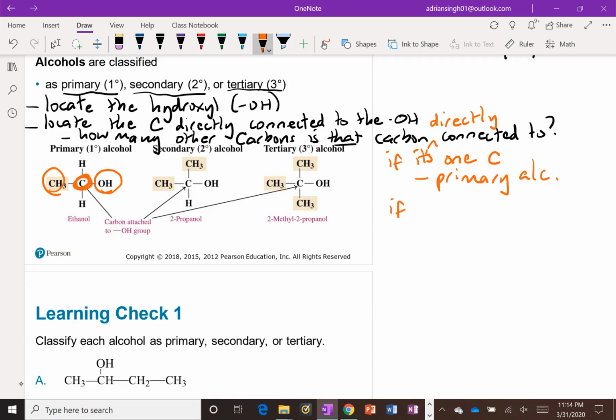If that carbon is connected directly to 2 other carbons, then we say that it's a secondary alcohol. And if that carbon is directly connected to 3 other carbons, then we say that it is a tertiary alcohol.